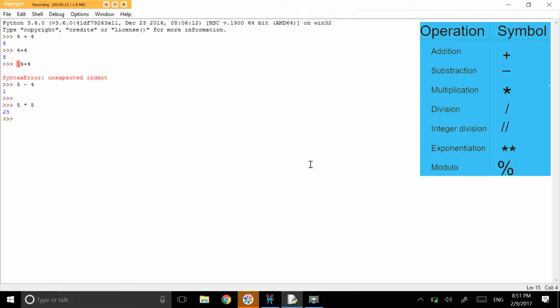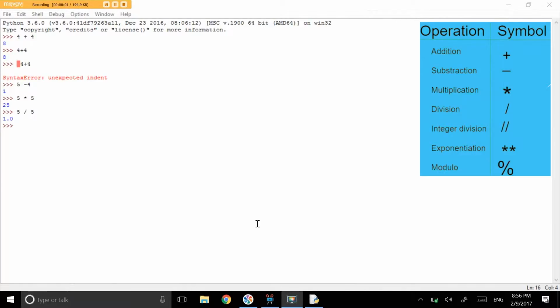To do simple division, you just type in a number, then the slash sign, and then the next number. The result is going to be something that you would expect. The only difference is that it's represented as a decimal.